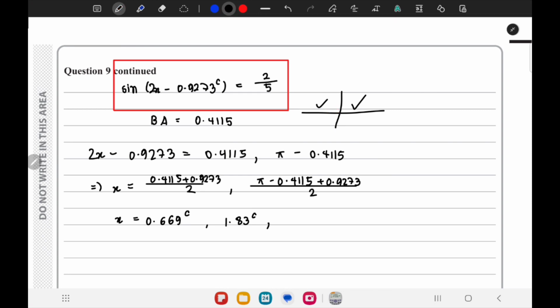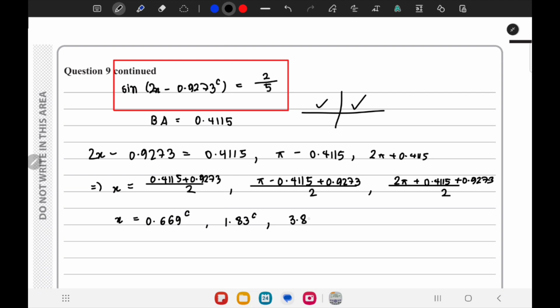So 2 pi plus 0.4115 plus 0.9273 divided by 2, we'll get 3.81.